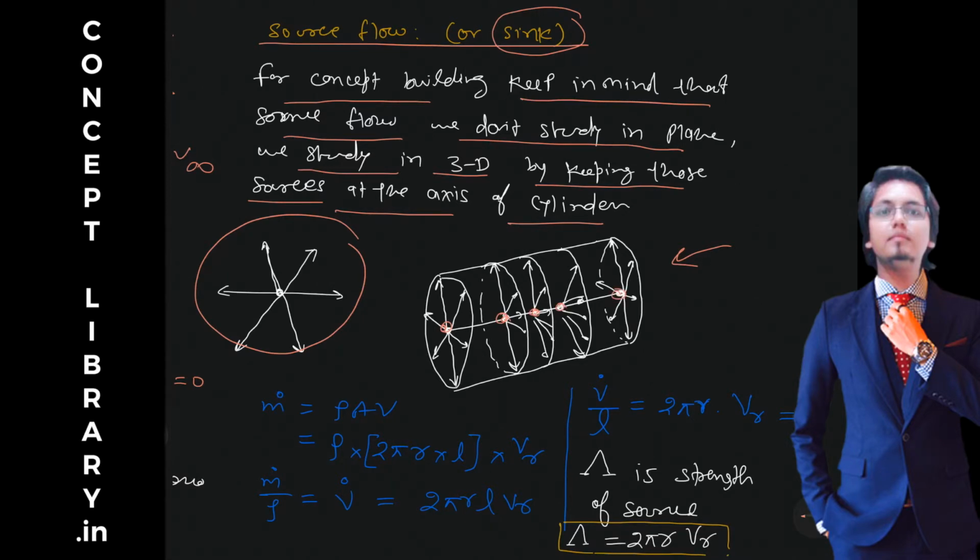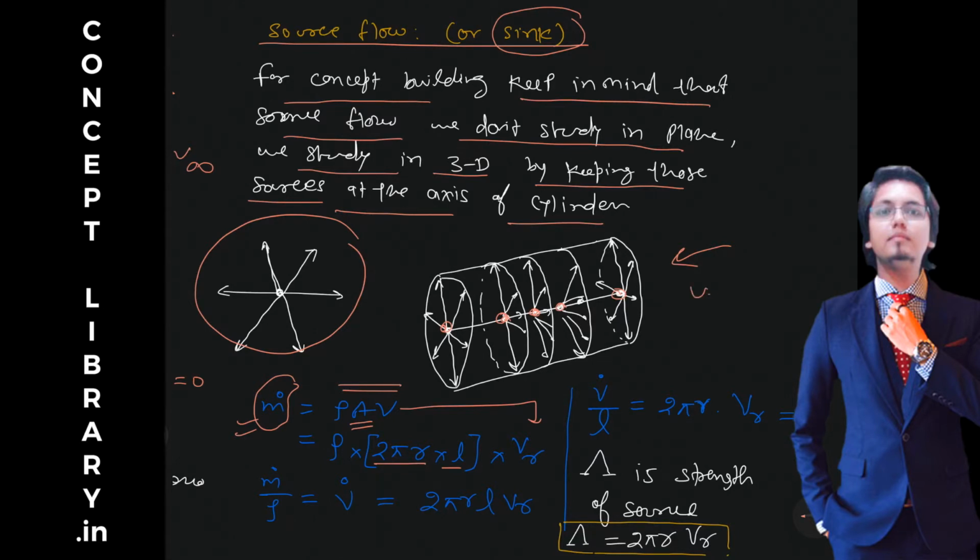If you bother about m dot, which is the mass flow rate, it is equal to rho A V. Here you see the area of the cylinder, 2 pi r into the length of the cylinder L, correct? R is the radius, and this V we write as Vr because we have velocity only in the radial direction.